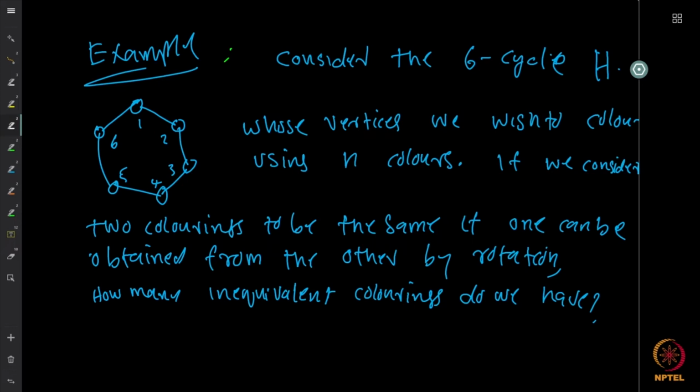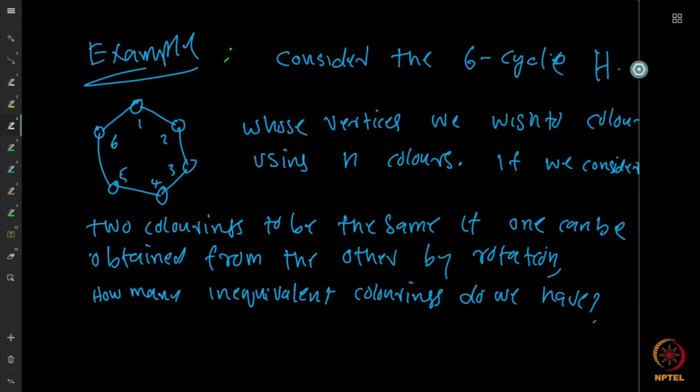Now, we say that two colorings are the same if one can be obtained from the other by rotation. So if I just rotate the regular hexagon, the colorings remain in position, and then I rotate it, then I get other colorings.